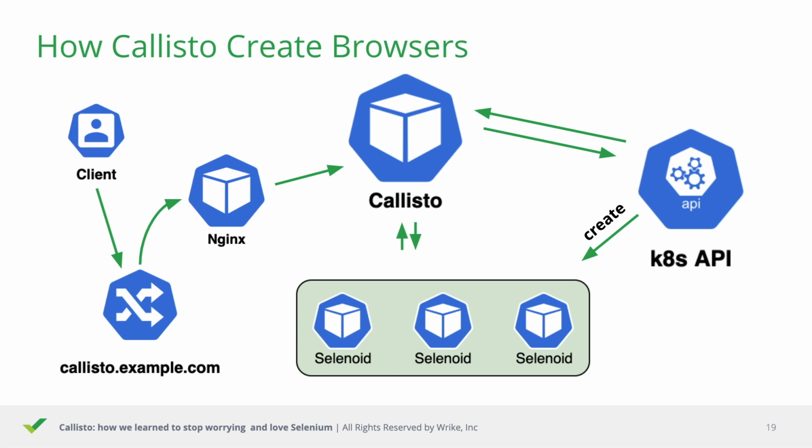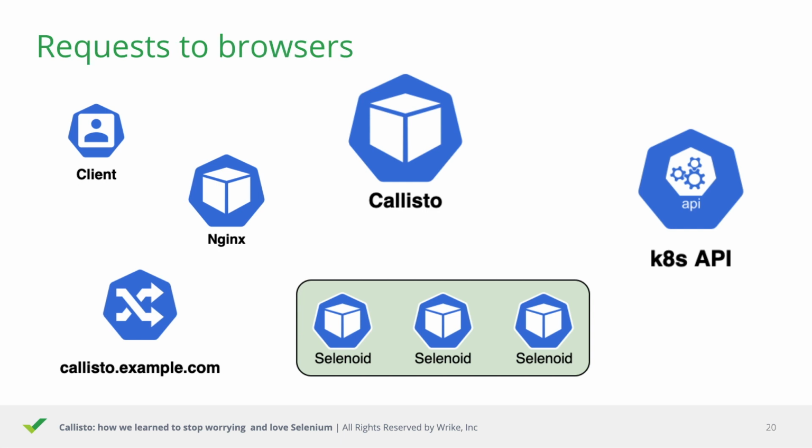and then WebDriver creates exactly the browser. So after browser creation, we just return to our client the session ID of this browser. Now our client has a session ID and can interact with the browser inside the Kubernetes cluster.